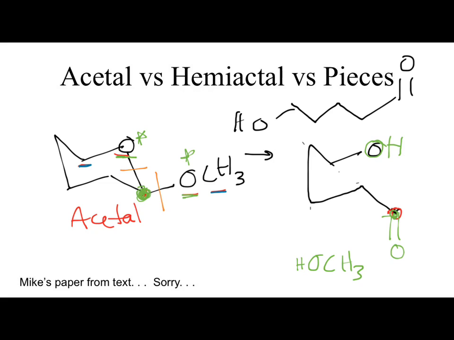Let's make sure I count it. 1, 2, 3, 4, 5 carbons. There's the alcohol. There's my aldehyde. You guys see it? So you can jump to that final answer, seeing the whole thing unfolding, if you can do that in your head. Okay?